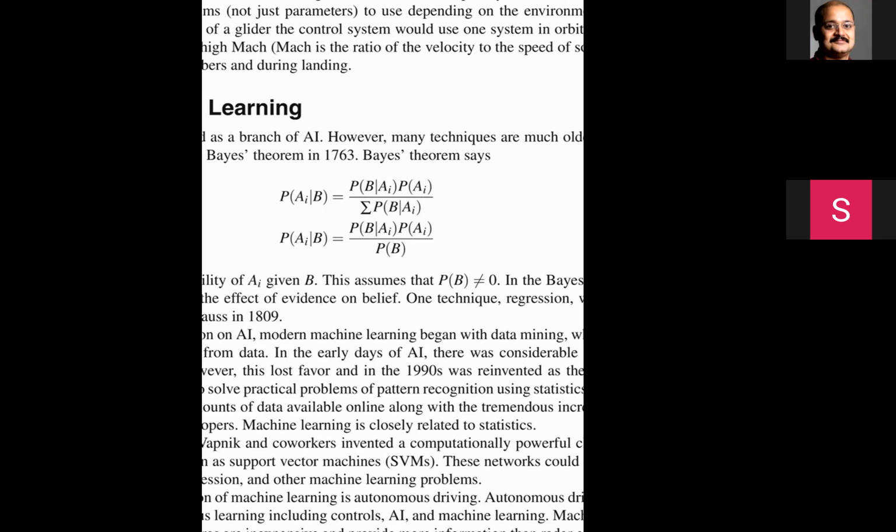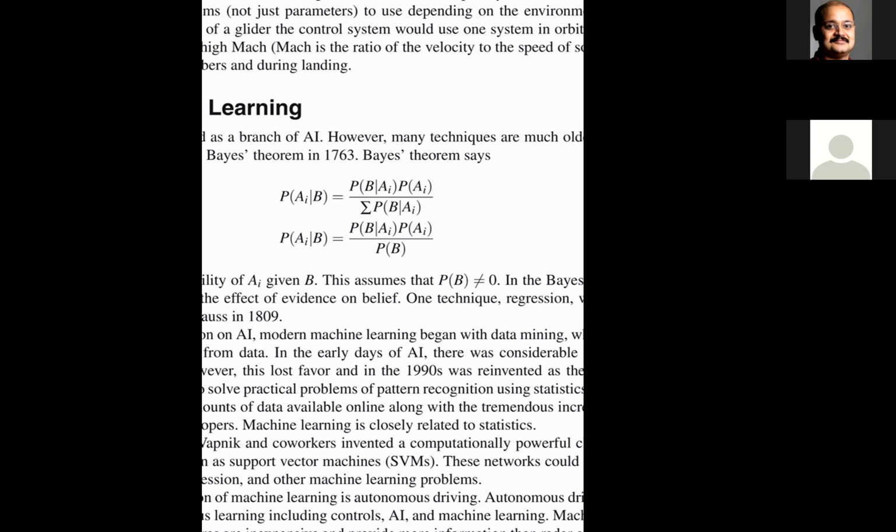It is given by the probability of B given A_i multiplied by the probability of A_i, divided by the sum of all the probabilities. So at the denominator, it is the sum of all the possible probabilities of B given A_i. That is how Bayes theorem is interpreted.